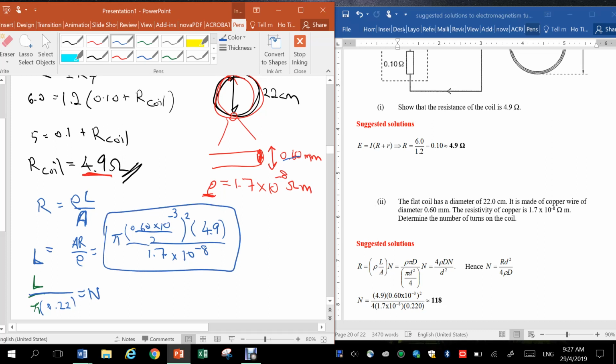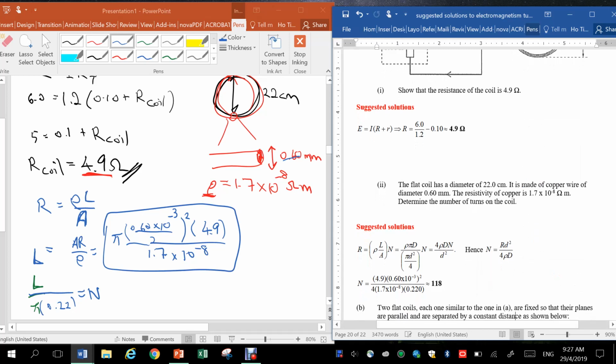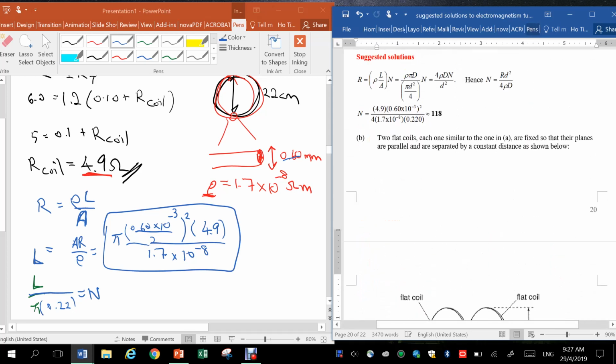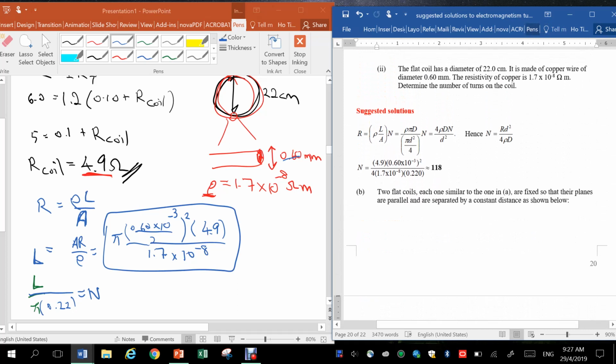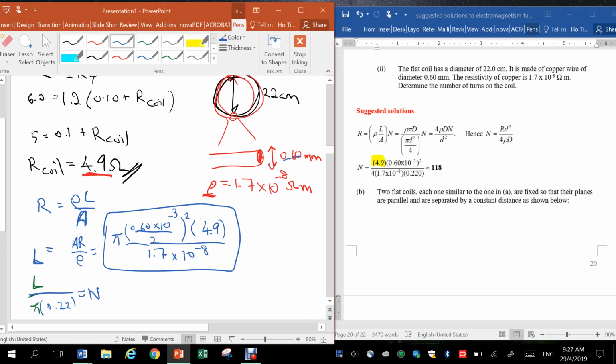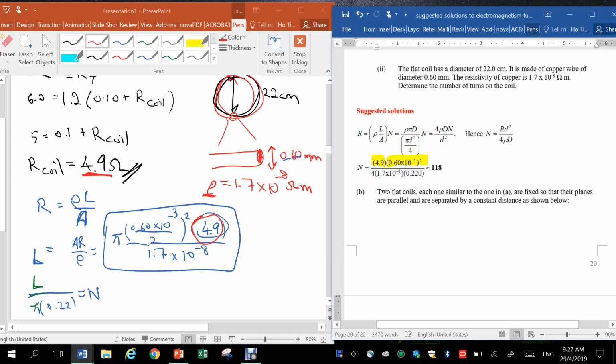Right, let's see if that's what we have in the solution. So here, yes, it looks more or less the same. Scroll down. You see that the 4.9 here is similar to the 4.9 over here.